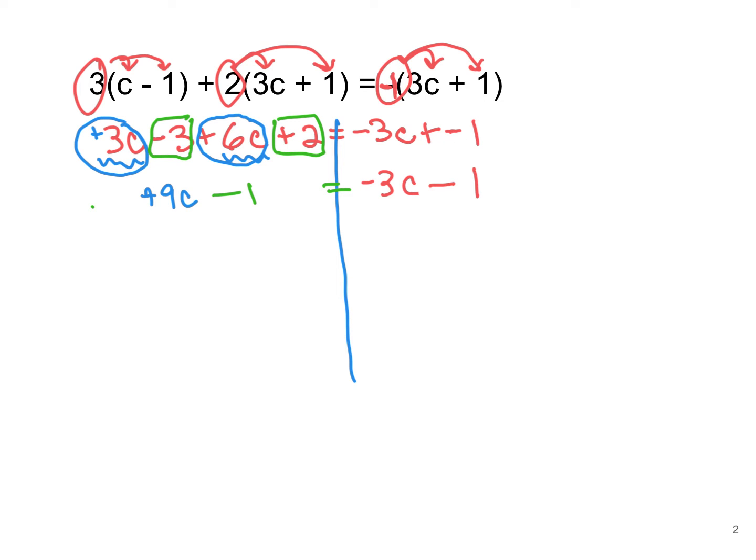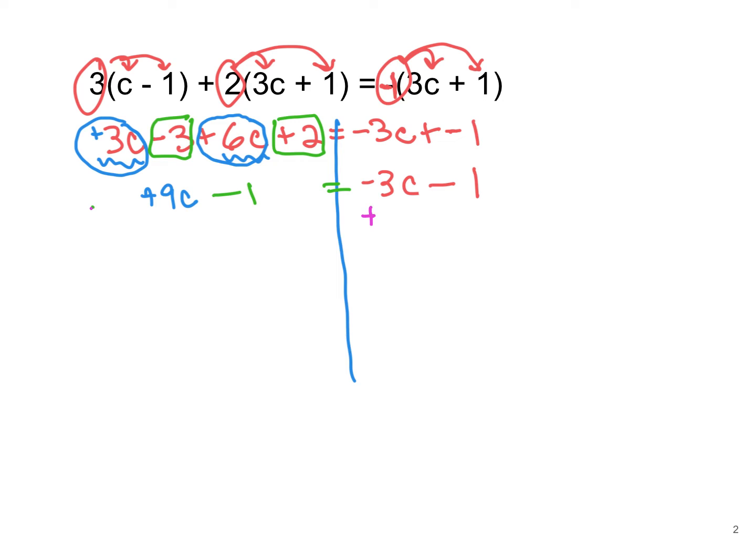Now from here, notice how both sides are crowded. So I want to pick something and move it. It doesn't matter who we pick, but personally I want to move this negative 3c over here with his friend, the 9c. Because it's a negative 3c, I need to make it a 0. So if I have negative 3c, I need to put positive 3c with it so that they can cancel each other out.